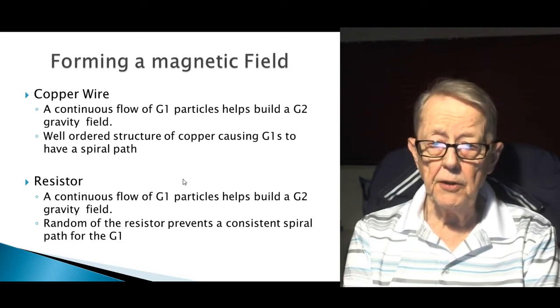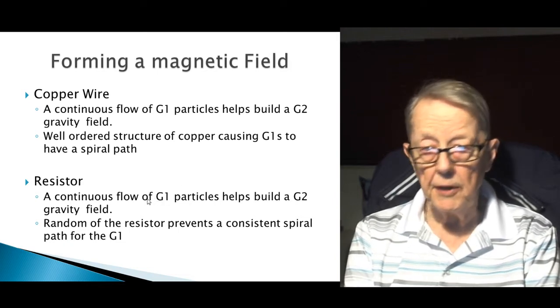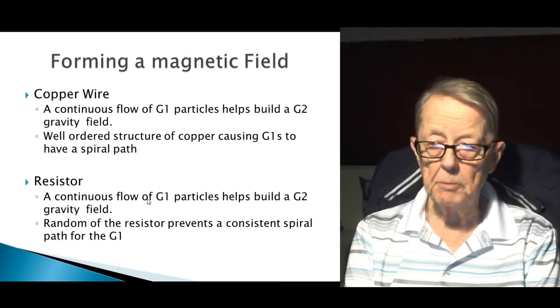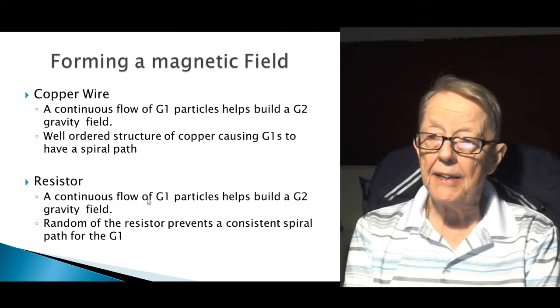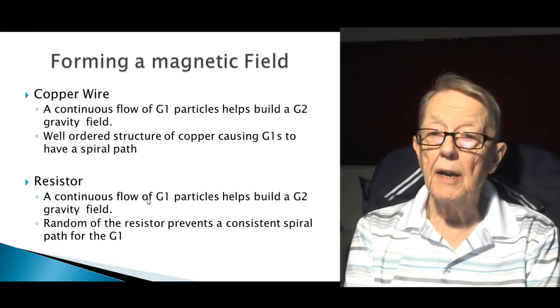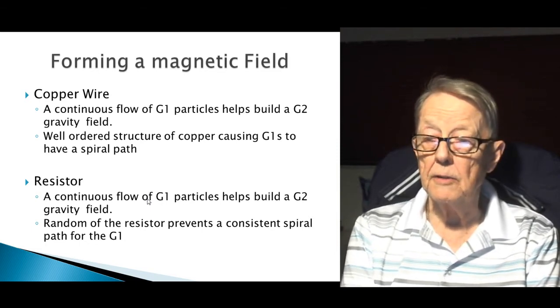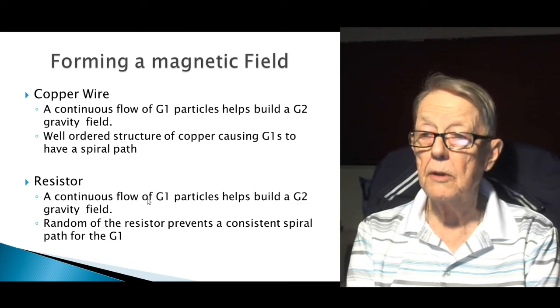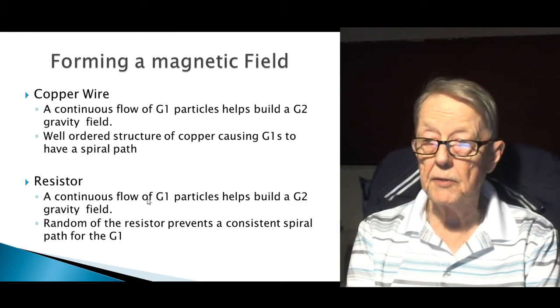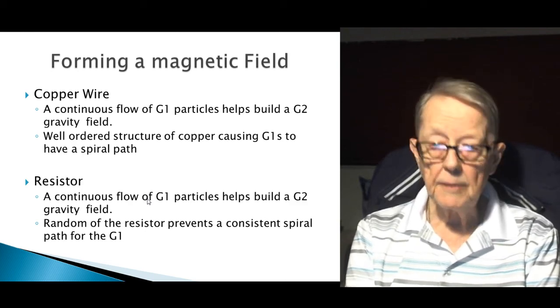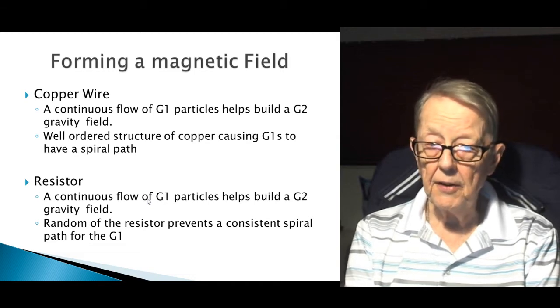In a resistor, you have the same thing to start with. A continuous flow of G1 particles helps build a G2 gravity field. The gravity field is there, even though someone might argue, well, Bob, there is no magnetic field, so there's probably no G2 force field. No, my opinion, it's there.